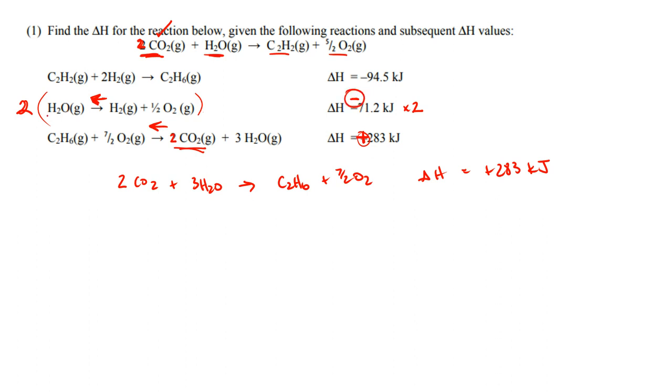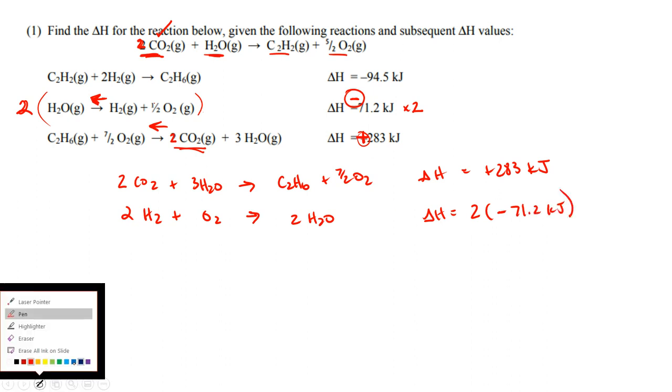So again, rewriting this the way that I want it to go, I've got 2 H2s. 2 times a half is going to give us 1 oxygen. And then we're going to have 2 waters. Delta H is going to be twice negative 71.2 kilojoules.